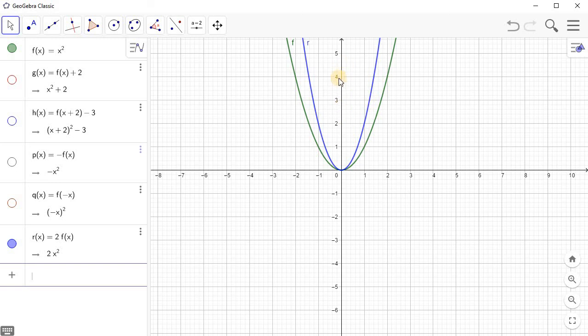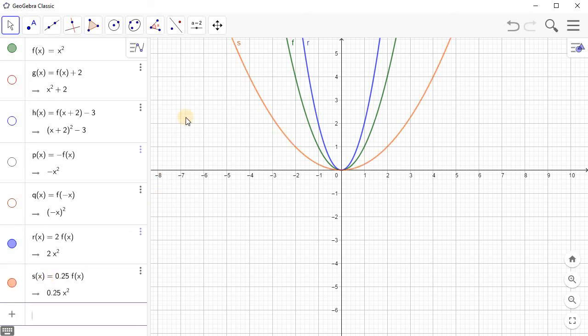It makes the graph narrower. Now, what if we change this 2 to a number between 0 and 1? Let's do 0.25 times f of x. And you can see here it shrinks the graph, or it makes it wider.